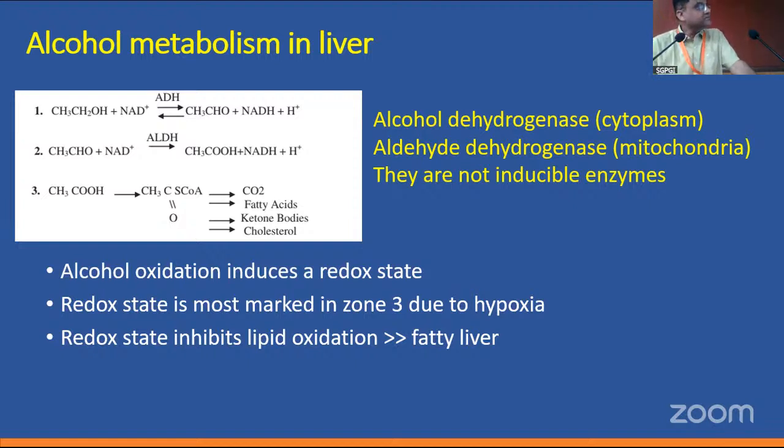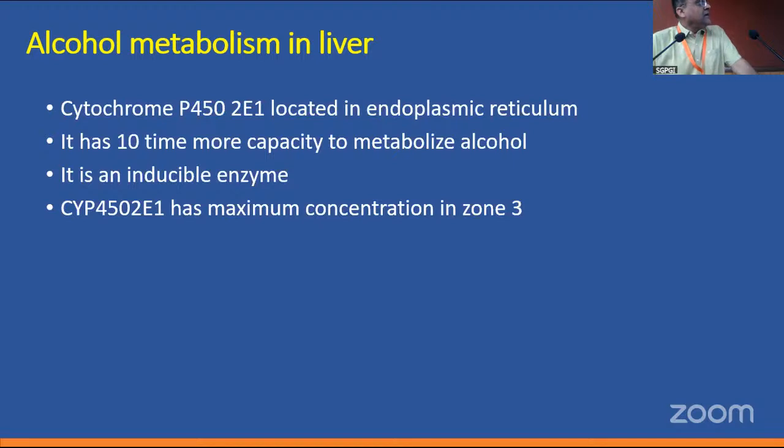There is a third enzyme, cytochrome P450 2E1. This is located in the endoplasmic reticulum. This is a very important enzyme. Those two enzymes have limited capacity to metabolize. Whatever amount of alcohol you take, the quantity of those enzymes and their capacity to metabolize cannot be induced. They're not inducible enzymes.